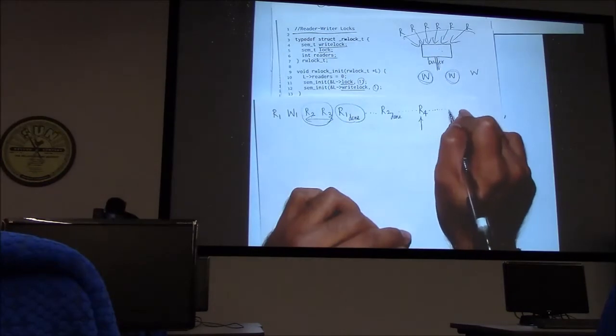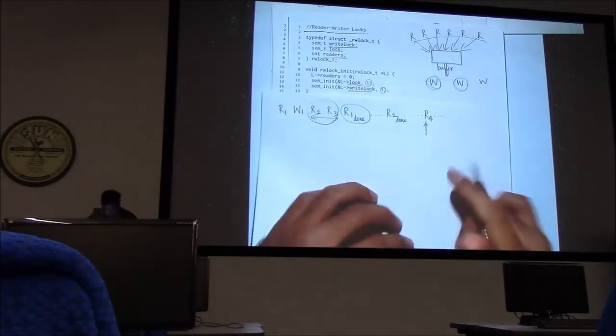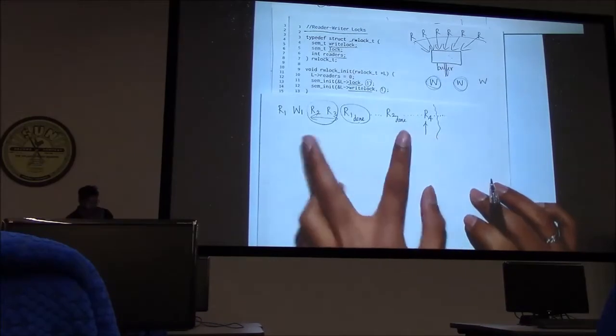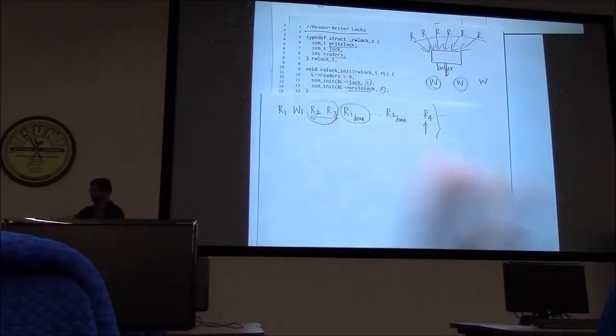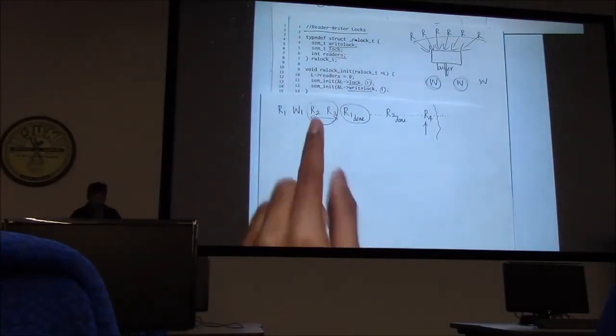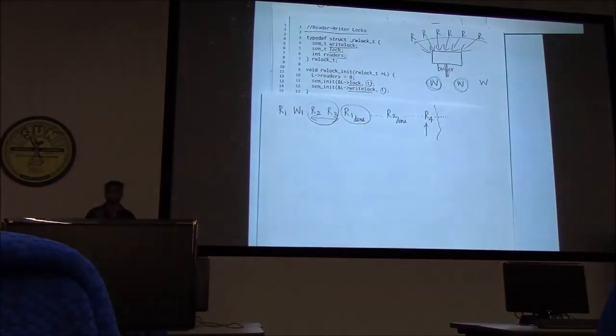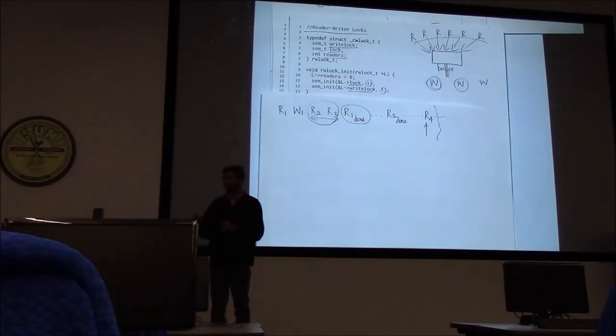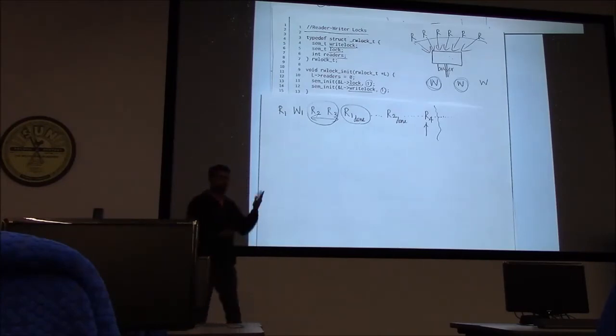Only if both R3 and R4 are done, and there are no other readers before they are done reading, will the writer W1 be able to acquire the write lock. So basically, this reader-writer lock is not fair for writers. A writer can just starve continuously if multiple readers keep coming in. How can we prevent this?